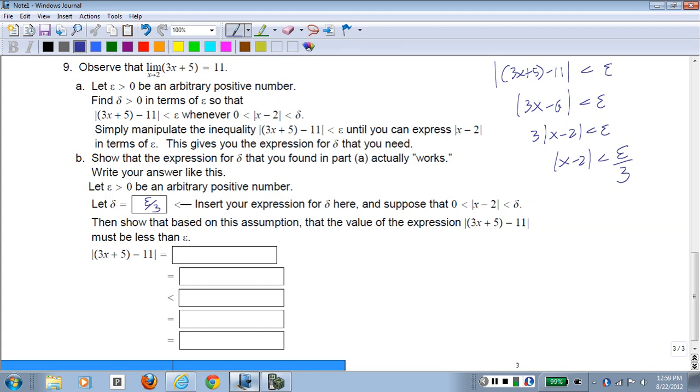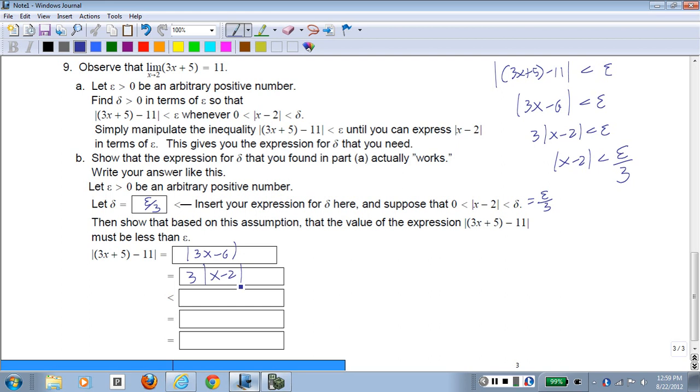Now, assume that the x that we're thinking about is within that delta, epsilon over 3 units of 2. And if it is, then this is equal to the absolute value of 3x minus 6. And that's equal to 3 times the absolute value of x minus 2.